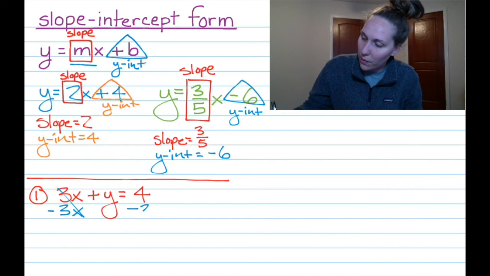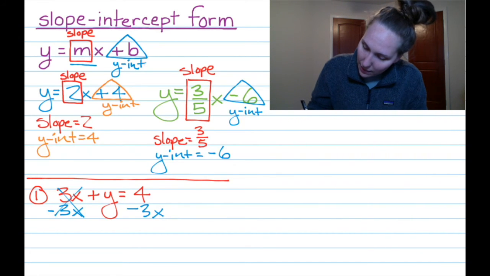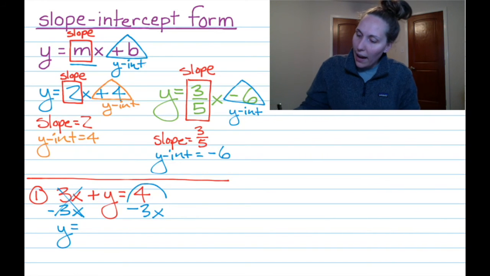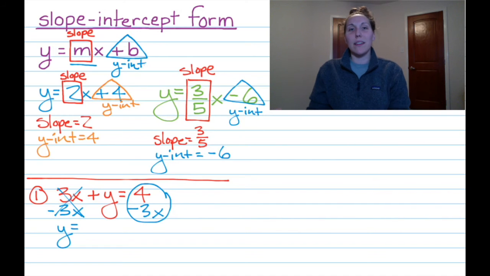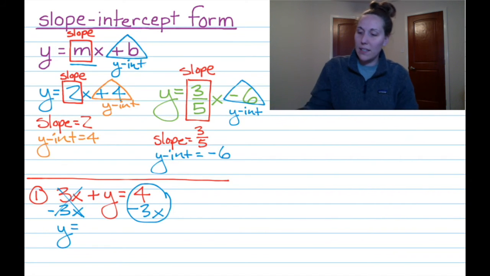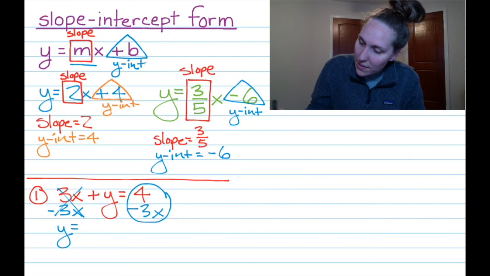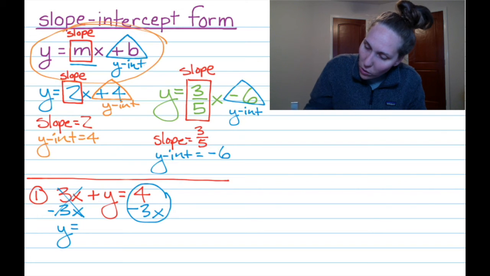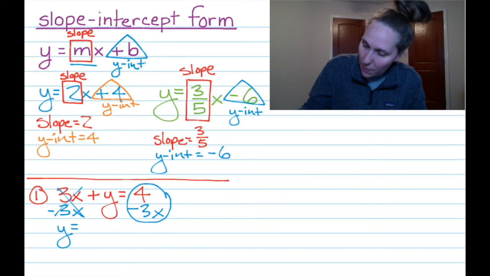If I subtract 3x from that side, I have to subtract 3x from the other side to keep my equation balanced. These cancel out, and I am left with y equals, and now I can choose how I'm going to rewrite this. I could either rewrite this as 4 minus 3x or negative 3x plus 4. But if I look all the way back up here at the top, guys, my goal is to write this in slope-intercept form.